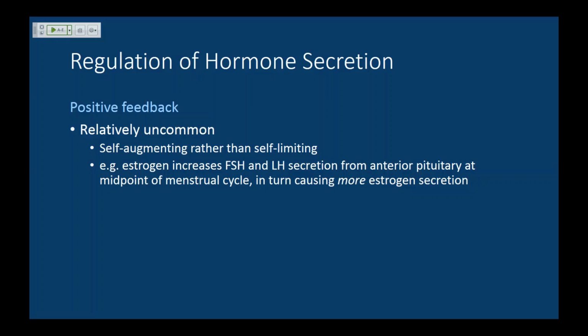But the point is that it's this positive feedback cycle, and it will keep going to infinity unless there is an endpoint. So in a positive feedback system, there needs to be an endpoint. In this example, ovulation is the endpoint. So ovulation becomes a stimulus to end the positive feedback cycle. Just a quick example, but this one again is much less common.